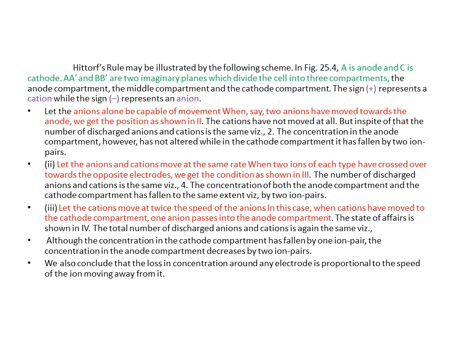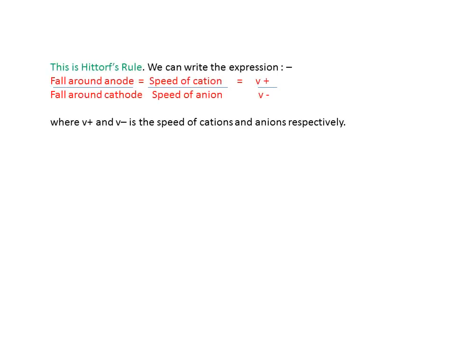From these 3 stages we have concluded that the loss of concentration around any electrode is directly proportional to the speed of the ion, whether cation or anion, which depends on the electrode position moving away from it. Now we will consider the mathematical expression for Hittorf's rule.